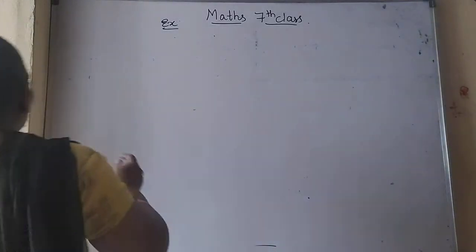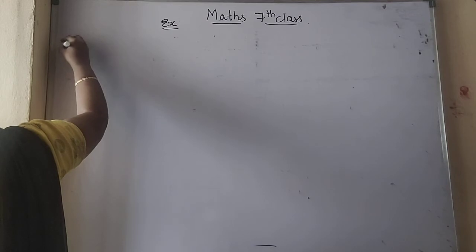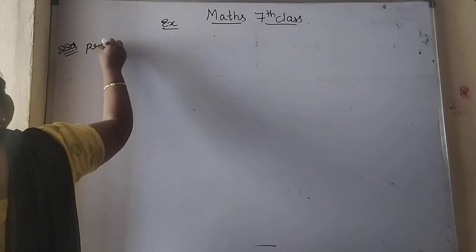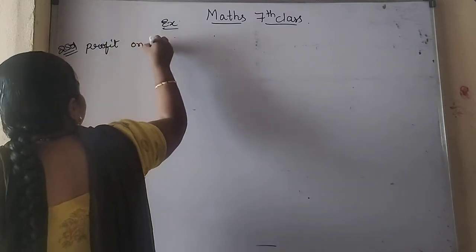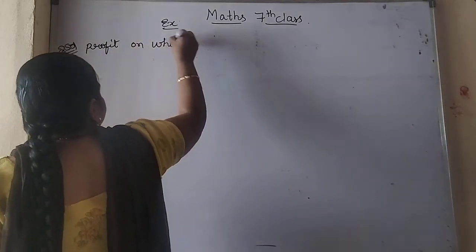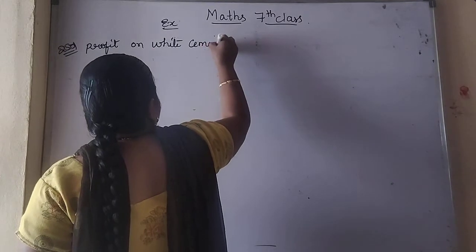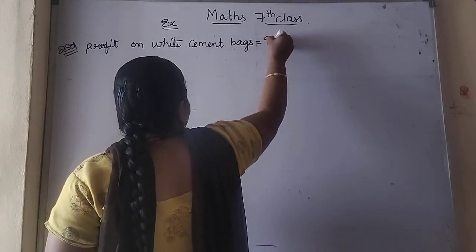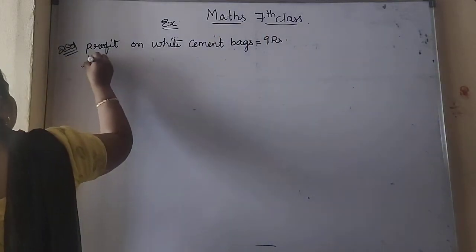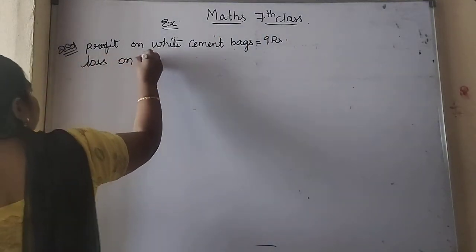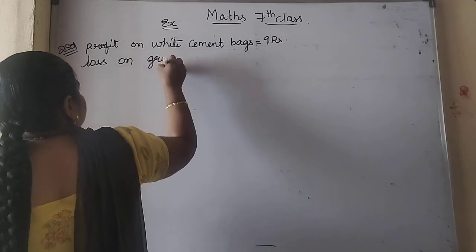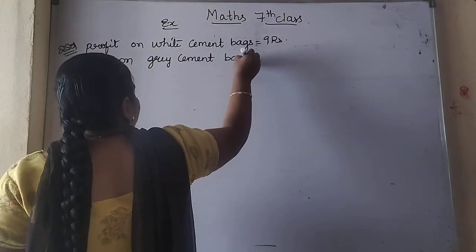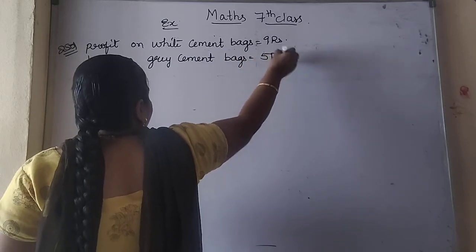So here, profit on white cement bag is how much? 9 rupees, and loss on grey cement bags is how much? 5 rupees.